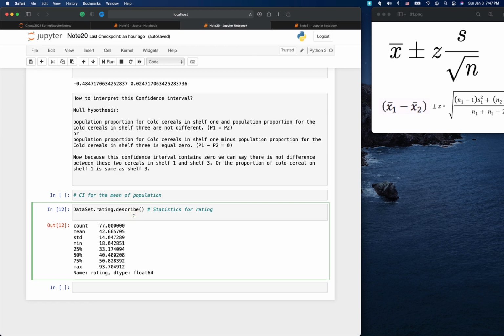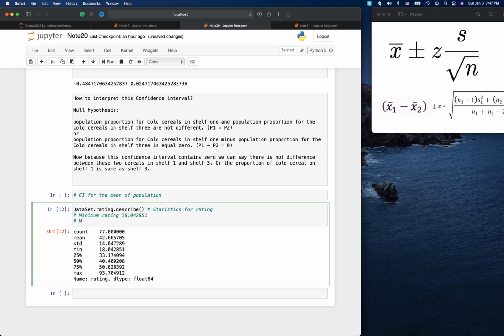Okay, so we have the minimum rating to be 18 point this much. The max rating is this much.